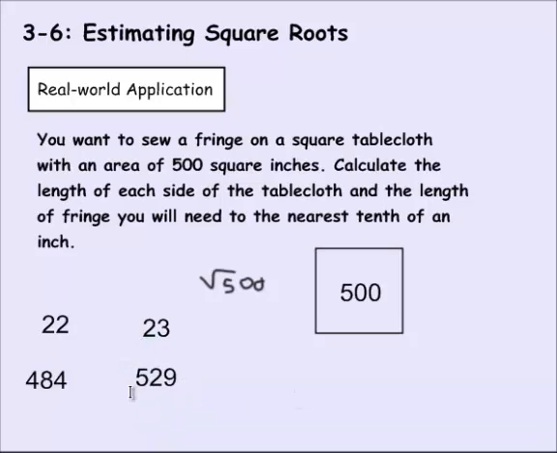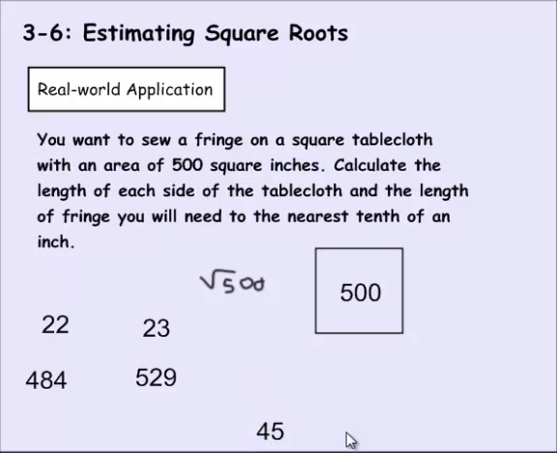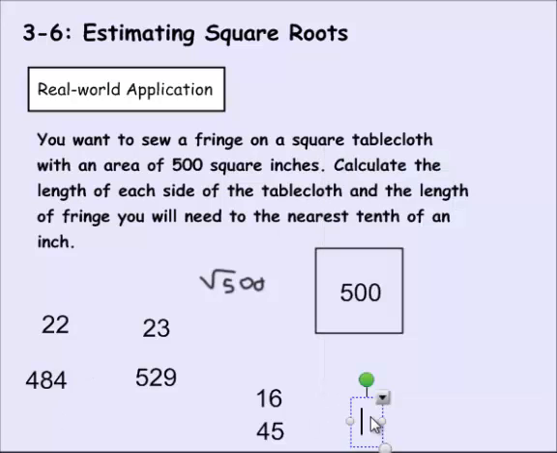So now let's find the denominator first by doing 529 minus 484. The difference there is 45. And then 500 is 16 above 484, so I'd do 16 over 45 and do my division problem. 0.3555, so 0.36. So it would be 22.36.